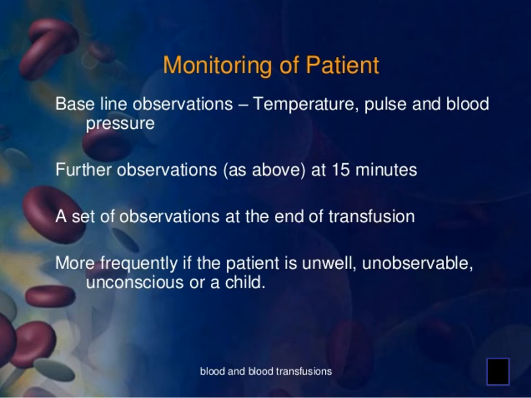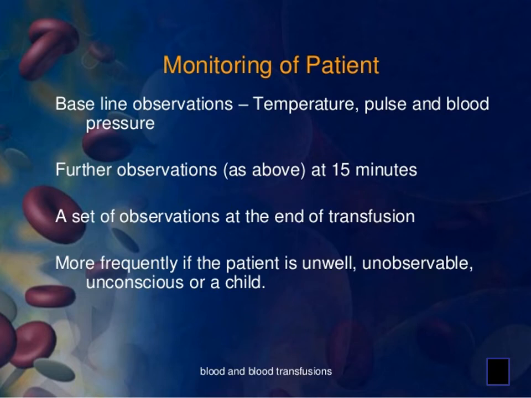Then when you start the transfusion, start it slowly, transfuse blood slowly over the first 15 or so minutes to see whether the patient is developing any reactions, and observe the patient at least every 5 minutes during the first 15 minutes of transfusion, and make notes of your observations. Thereafter also, during the transfusion and soon after transfusion, you should continue to monitor vital parameters of the patient.